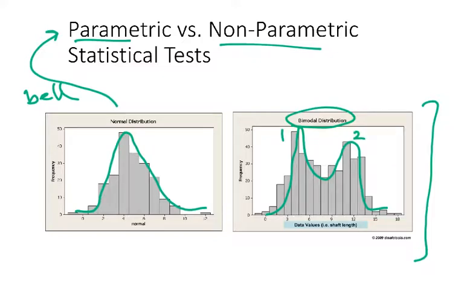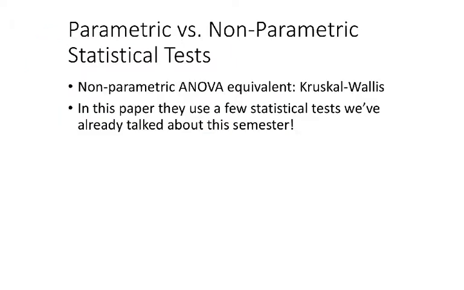If you have a distribution that's non-normal, that's when you need to use something called a non-parametric statistical test. So we're not really going to talk about these types of tests in BIO100, but just so you know the difference when you would use parametric versus non-parametric. And one type of non-parametric test that they actually use in this particular paper is called a Kruskal-Wallis test. And again, you don't need to know the details, but just so you understand, this is the non-parametric equivalent to an ANOVA.